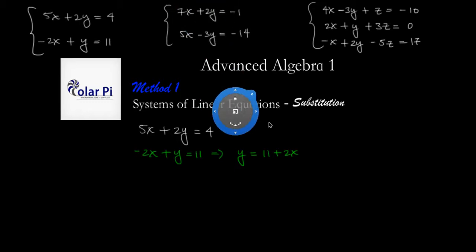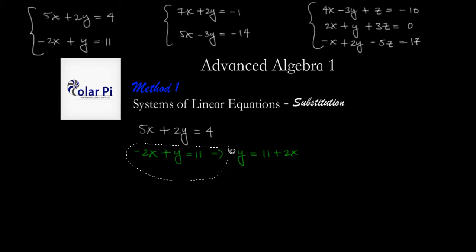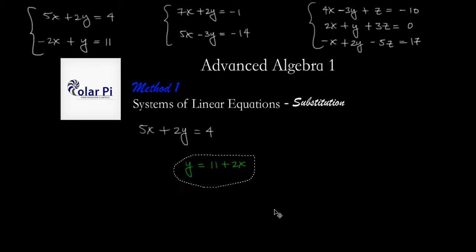So what we're going to do is, first, note this equation and this equation are identical, but for our purposes, we prefer this version. So we get rid of the original second equation and only keep the modified version where we've isolated one variable.